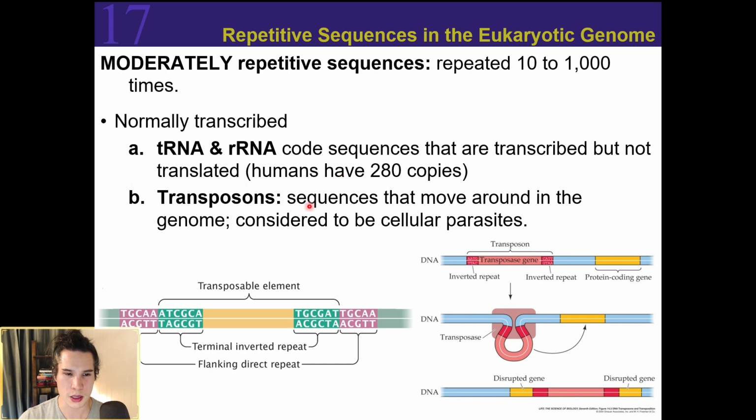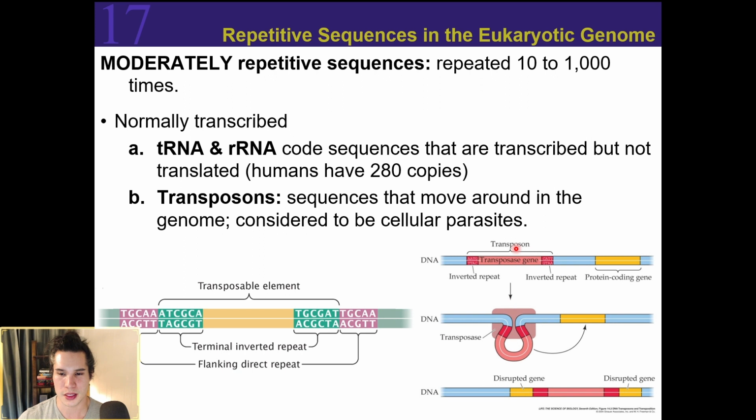And then we have these things called transposons. So these are kind of interesting, and I'll be short with this one. These are going to be sequences that will move around the genome. Some people consider them to be cellular parasites. So let's say this is a transposon.